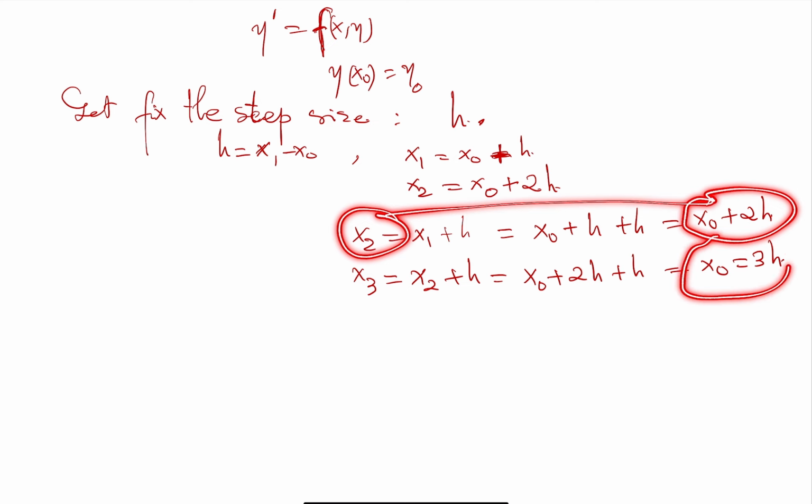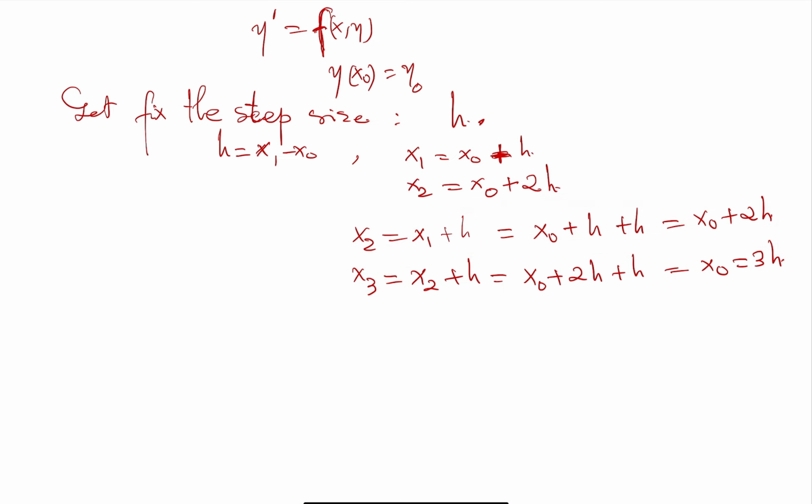Just make sure you prove it: how did you get from here to here? That's the way you have to prove it. Also, if you keep going until you reach xn, then xn is equal to x naught plus nh. Okay, so those are the step sizes.